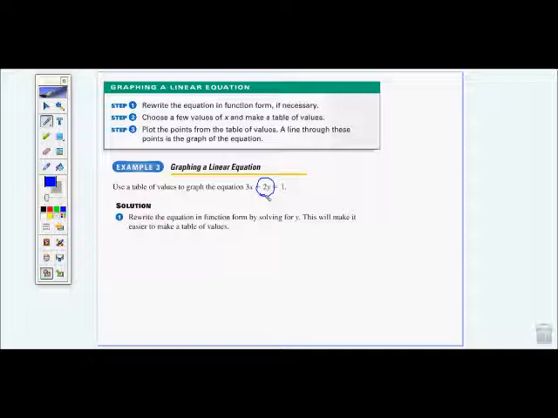So I'm going to go ahead and subtract 3x from both sides. And I'm going to end up with 2y equals -3x plus 1.